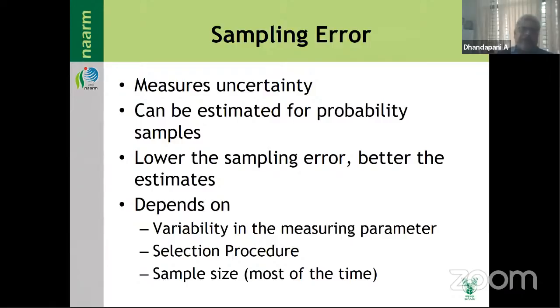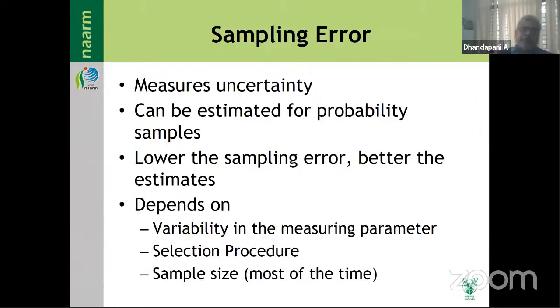Of course, this is a theoretical concept, but you can estimate it even from the sample. So what is it going to depend upon? It is going to depend upon three things. One is the variability in the measured parameter. If the parameter you are going to measure varies, the sampling error also will vary, because you are using something like the variance of some measurement.